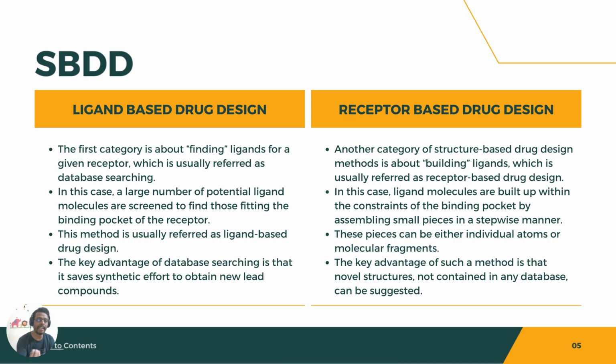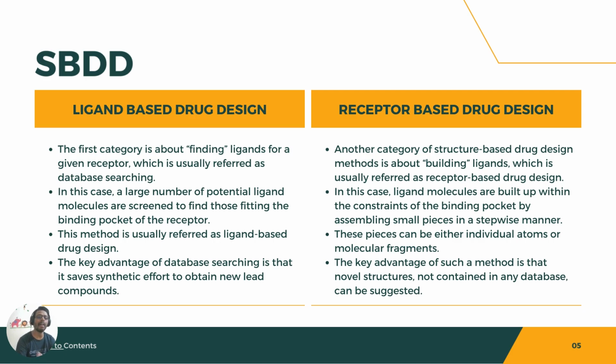Okay, means finding the ligands for the proper receptor in the database is the first step in ligand-based drug design. Once we search the database and find the proper category of ligands and receptors, then we have to go for the next step.